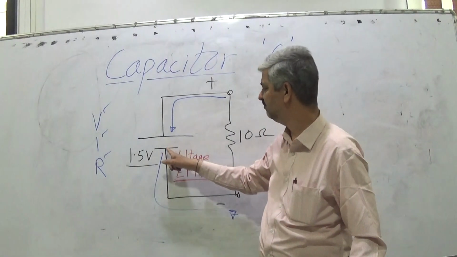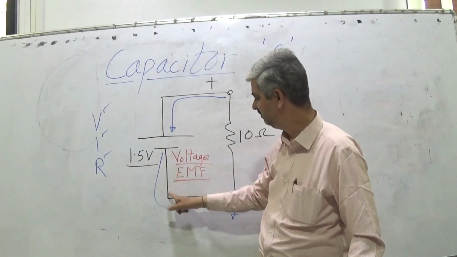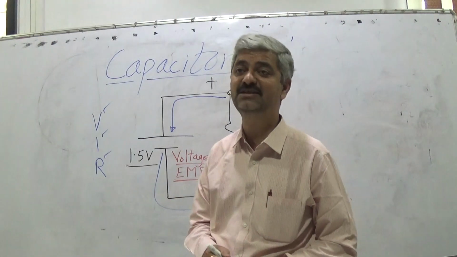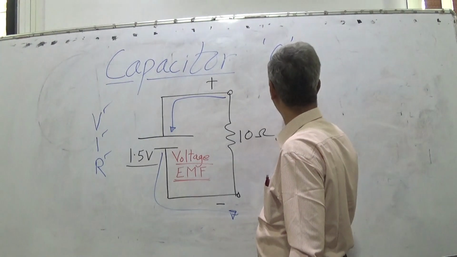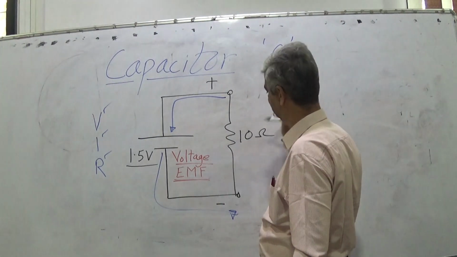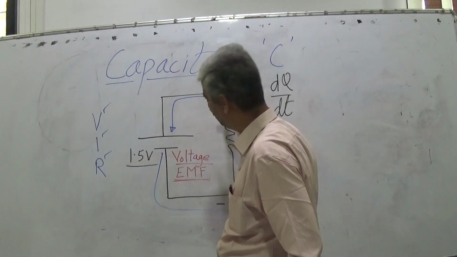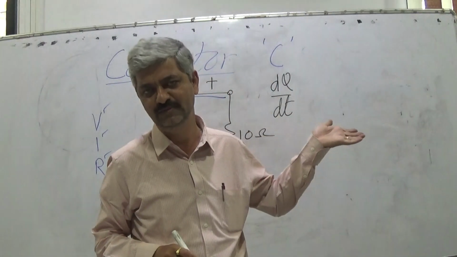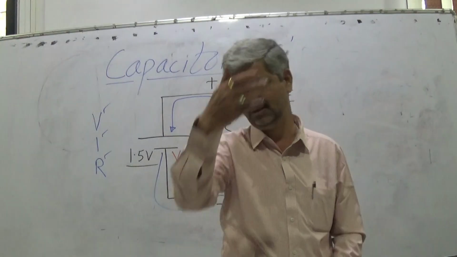When electrons start moving continuously, the question is, what is electric current? It is dq by dt, the rate of flow of charge. The electron flow is reverse because electrons are negative, and one electron has 1.6 into 10 raised to minus 19 coulomb. So that way there will be current.